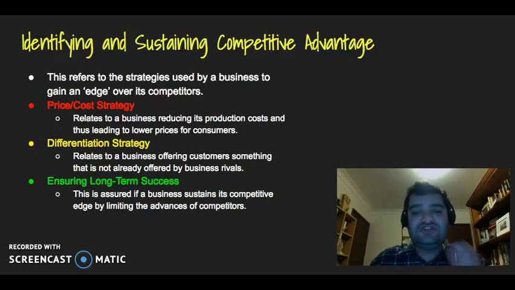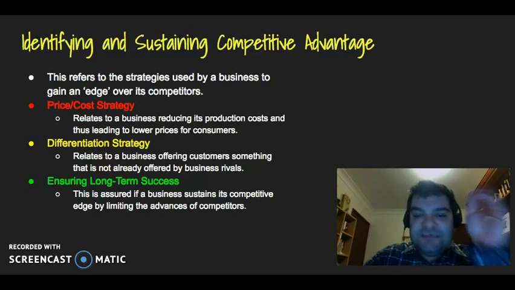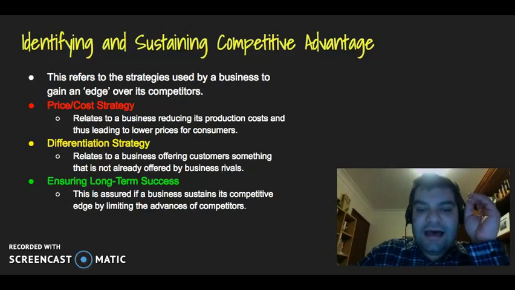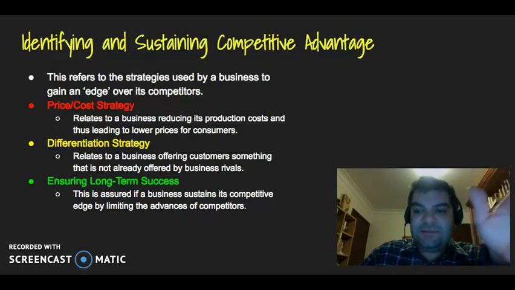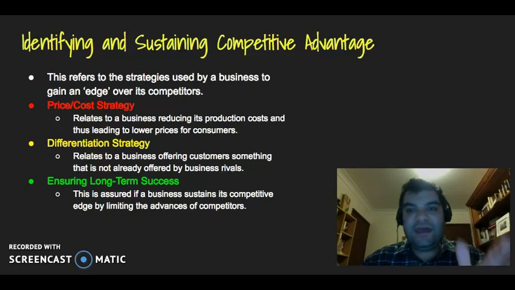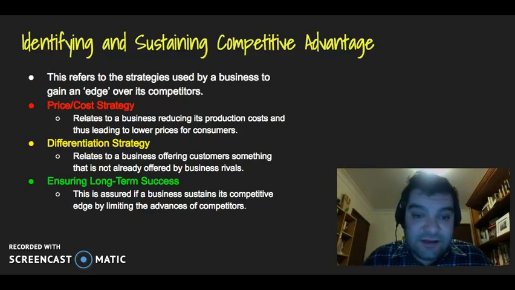Now, in order to ensure long-term success, a business needs to limit the advancements of competitors. Okay, stay one step ahead of competitors. If your competitor brings out a new product once a month, then you need to bring out maybe 2 new products once a month.